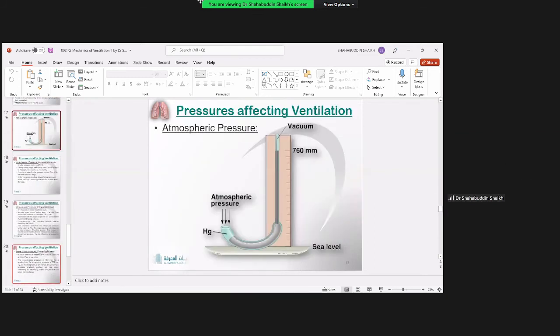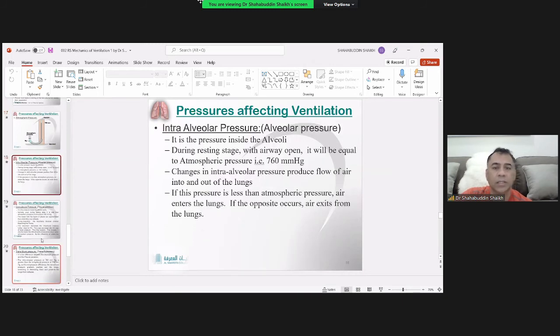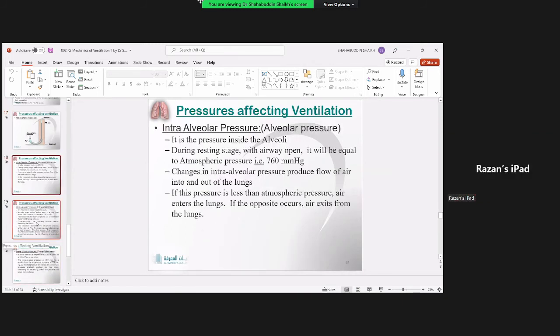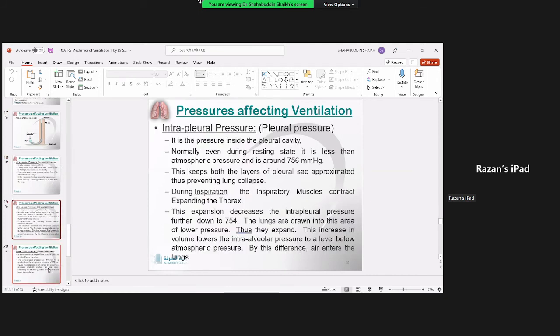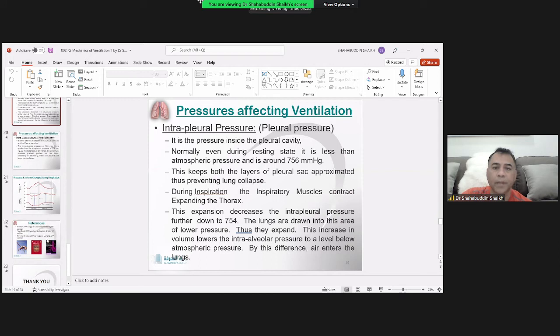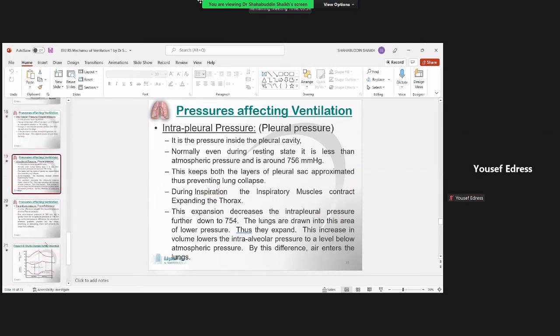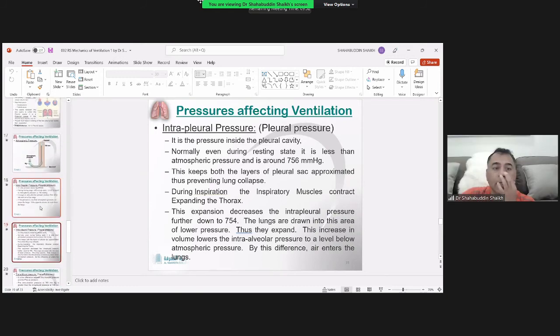What are the 3 major pressures in relation to respiration or breathing? Intra-alveolar pressure, intrapleural pressure, and transpulmonary pressure. Okay, clear? So remember that these are the 3 major pressures.